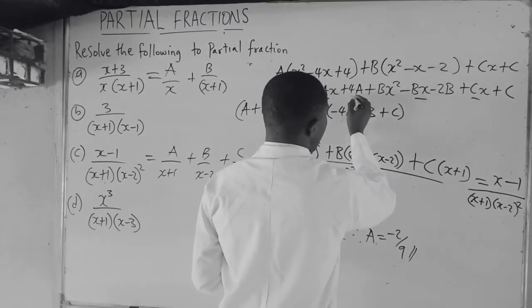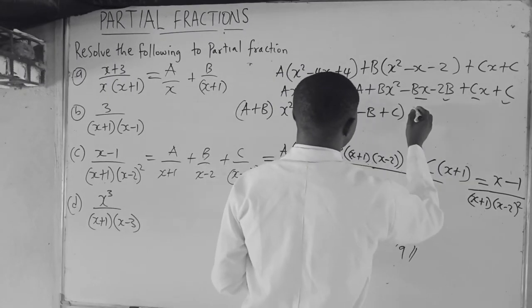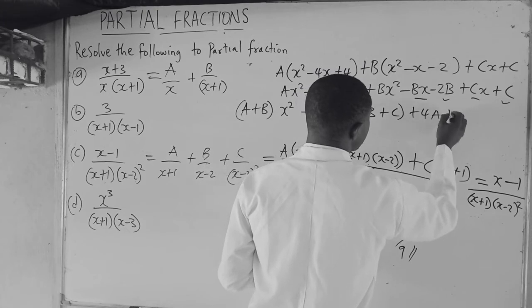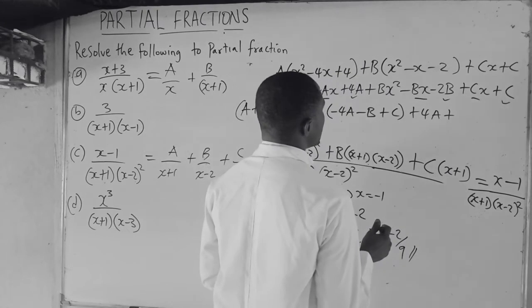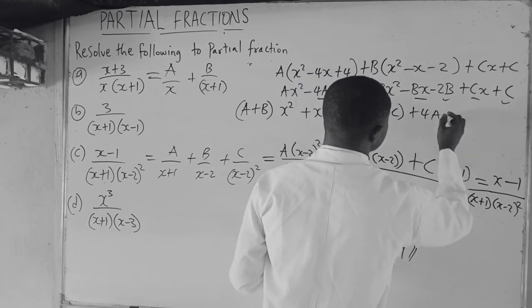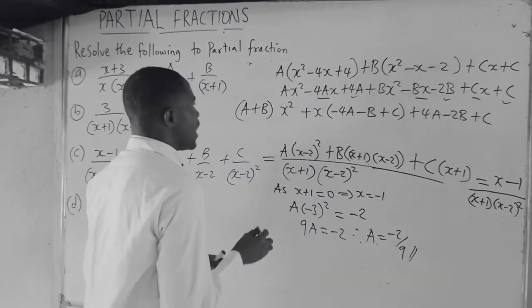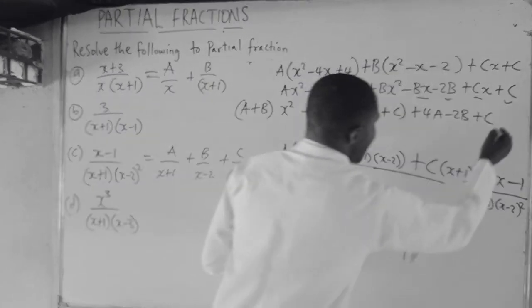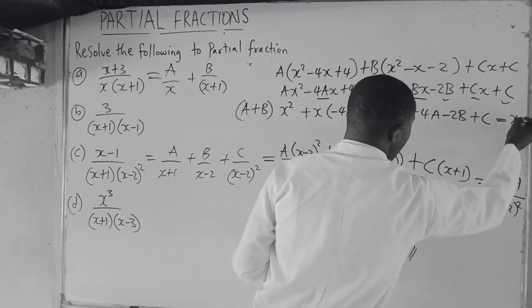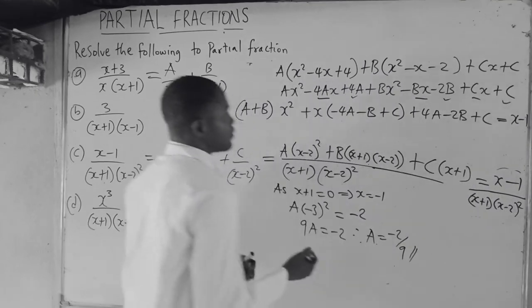Then I will now compare this and this. I'll say plus 4a plus what? Plus 4a minus 2b plus c. Now, I will say I am equating u to s minus 1 because the numerator has s minus 1.